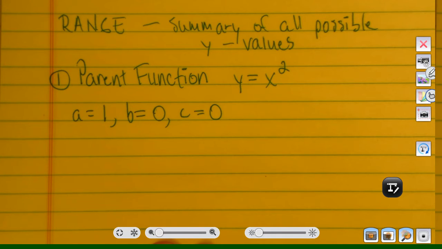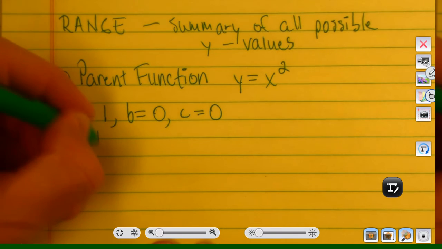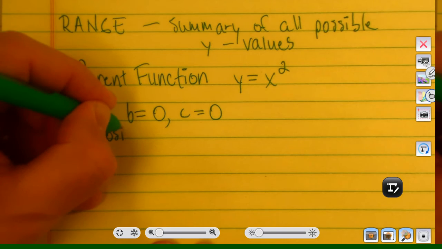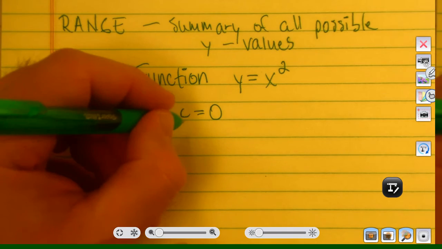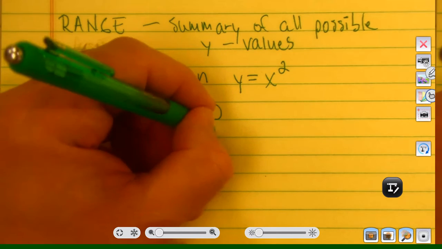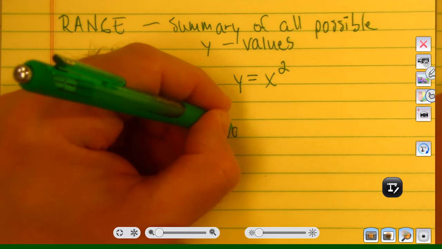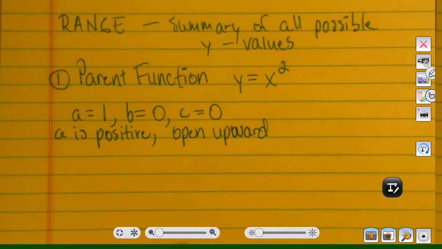And typically the parent function is the simplest form of that quadratic. Now, a is positive, so this quadratic will open upward. It opens up.